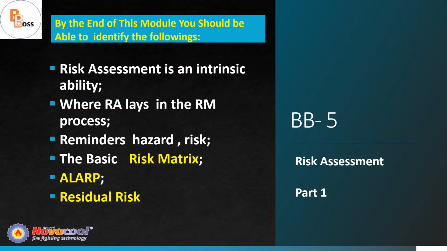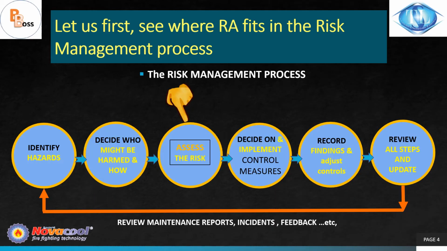By the end of this module, you will be able to recognize risk assessment and know how to do it, and also you will know what ALARP is, and what residual risk is. In this slide that is showing the full risk management process, you can see that risk assessment comes almost in the middle, just before implementing control measures.